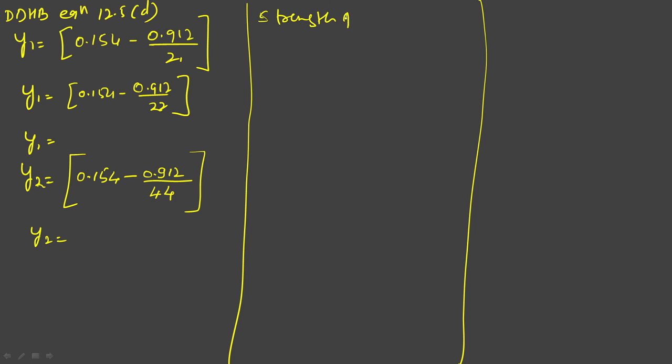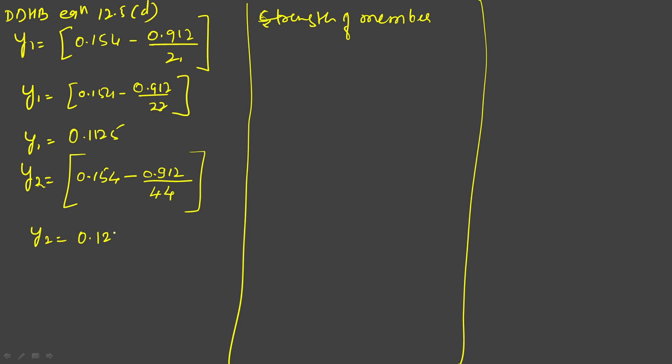Strength of member. What is the value of y1? 0.1125, sir. And y2? 0.1332.